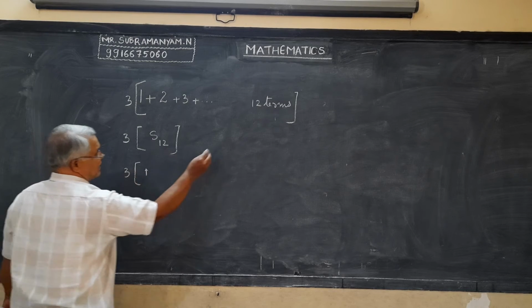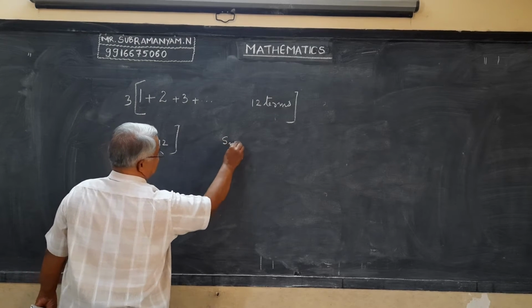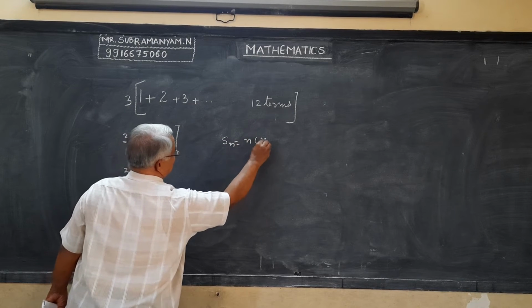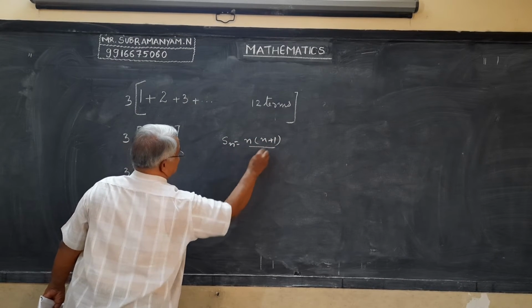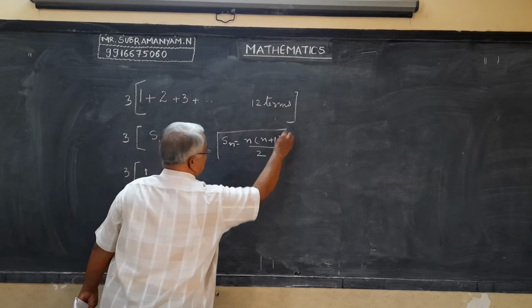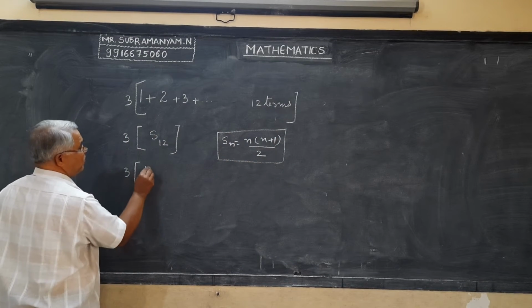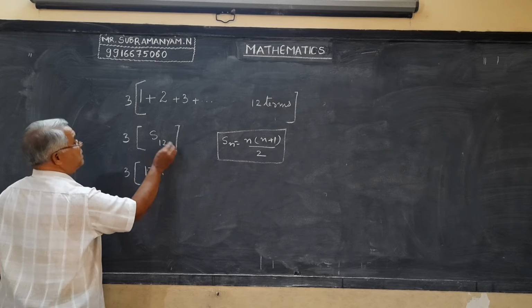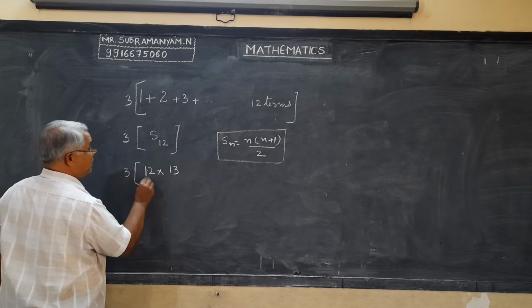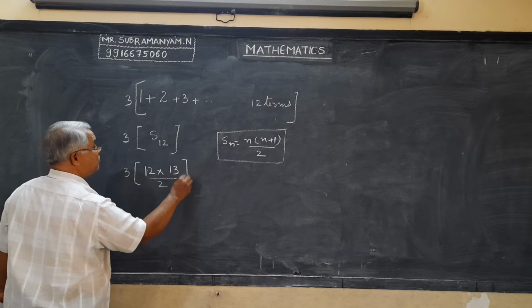Here I will write the formula: Sn equal to n into n plus 1 by 2. This formula we are going to use. So this is 12 into 12 plus 1, 13, by 2.